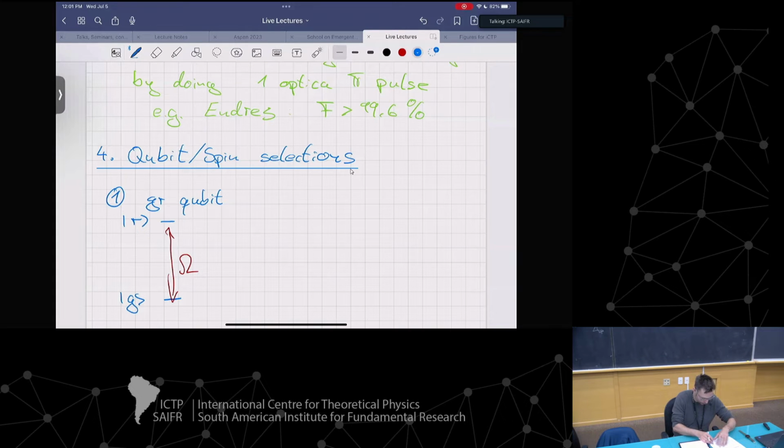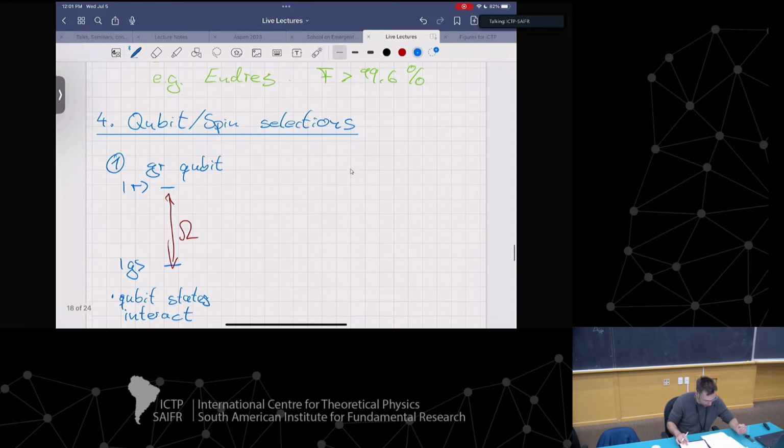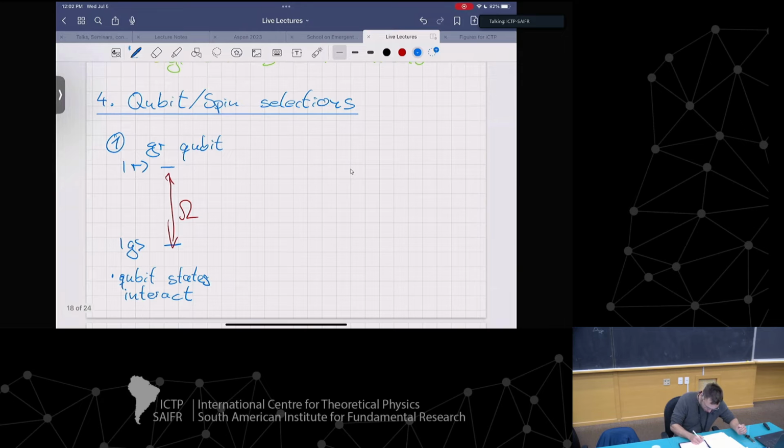This choice is great in some sense. The advantage of this is that the qubit states interact. Obviously, this Rydberg state interacts. And maybe I call this the 1 state, and I call this the 0 state. But there's a slight disadvantage, if you care, that this 1 state will decay over time.